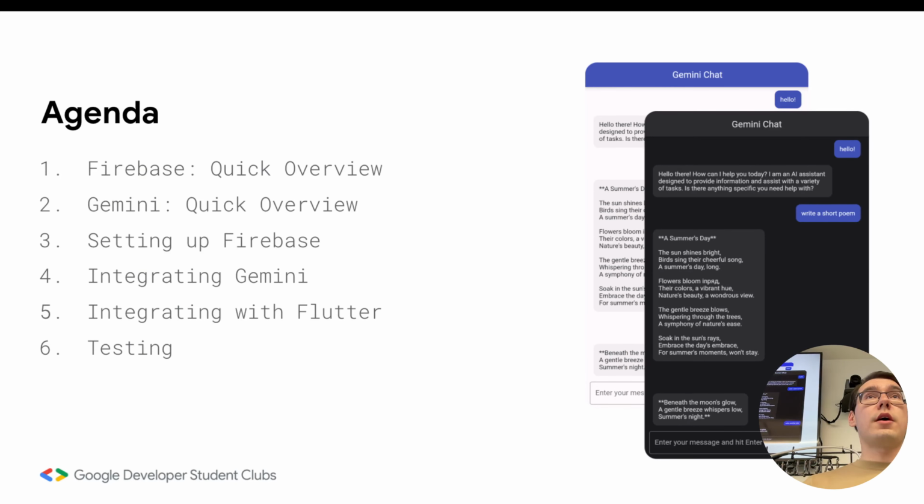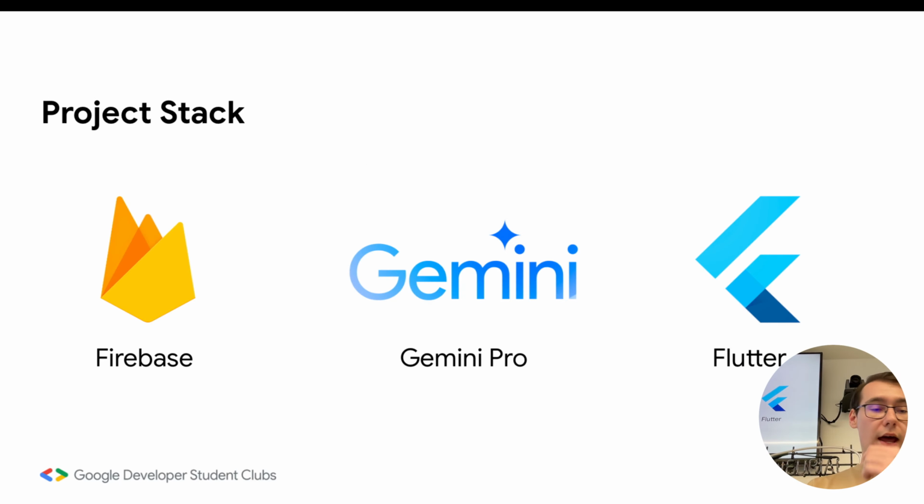Then we're going to talk about Gemini, which is Google's latest AI LLM, like ChatGPT. We're going to look at it, we're going to see what we can do with it, and later we're going to integrate it with Firebase in order to create our little application, which we're going to be making with Flutter. So it sounds like a lot, but you'll see that it's pretty smooth, and I hope you really like it. So our stack is, as I said, Firebase, Gemini Pro, and Flutter.